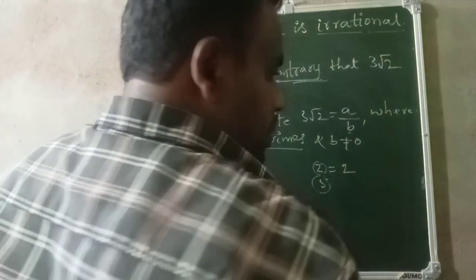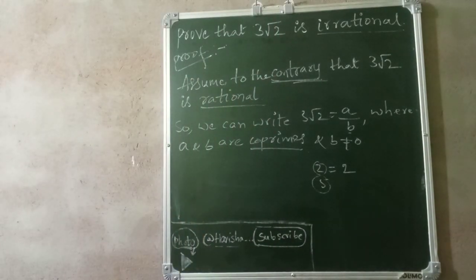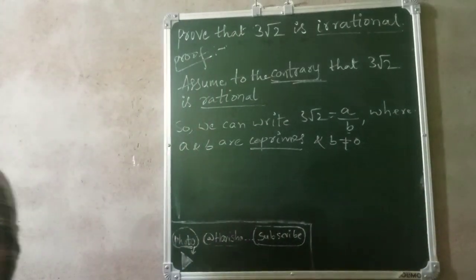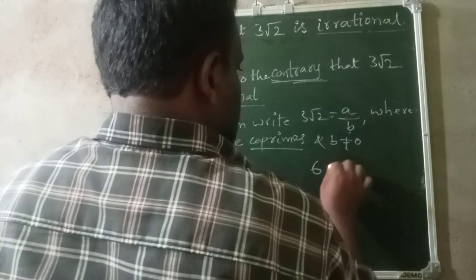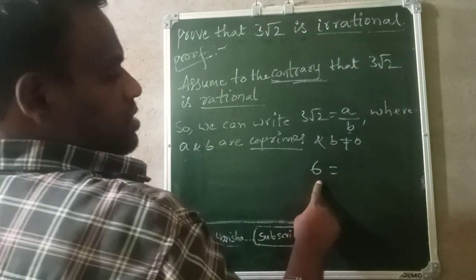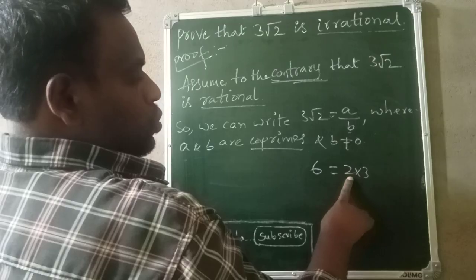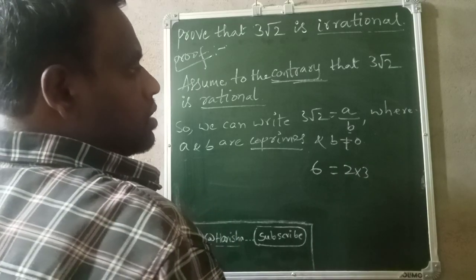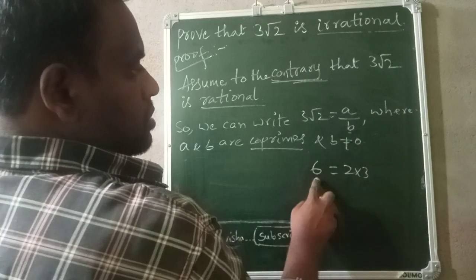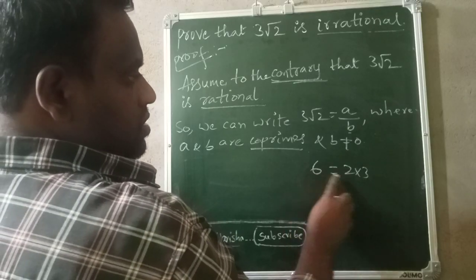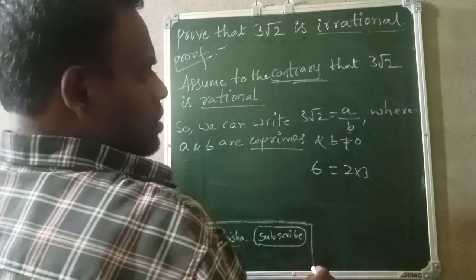Now for a better understanding, I will take another example. I will take 6. Write 6 as a product of prime numbers, 2 into 3. 2 is a prime number, 3 is a prime number. If you multiply the prime numbers, you will get 6.